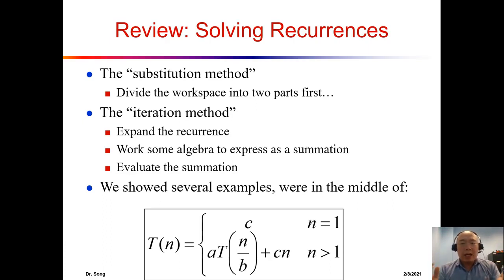Usually if you're kind of new to resolving recurrences, I recommend you do the substitution. And once you are a little bit familiar with this process, you can move on and do the iteration.